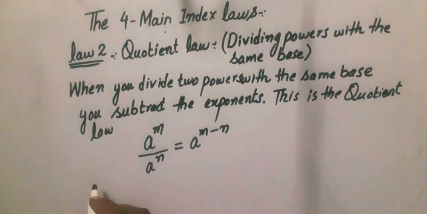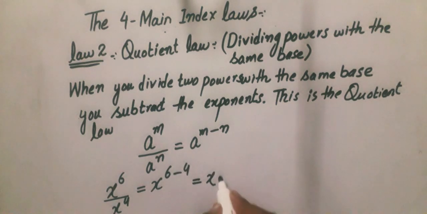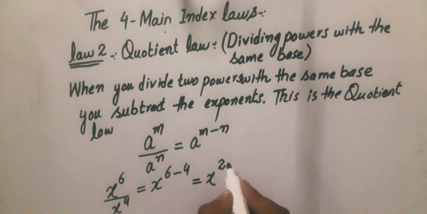Now we will solve an example to modify the concept. x raised to power 6 divided by x raised to power 4 will become, according to this quotient law, x raised to power 6 minus 4. Then it will become x raised to power 2. This law also applies only when the bases are same. If the bases are different, we cannot apply this law.